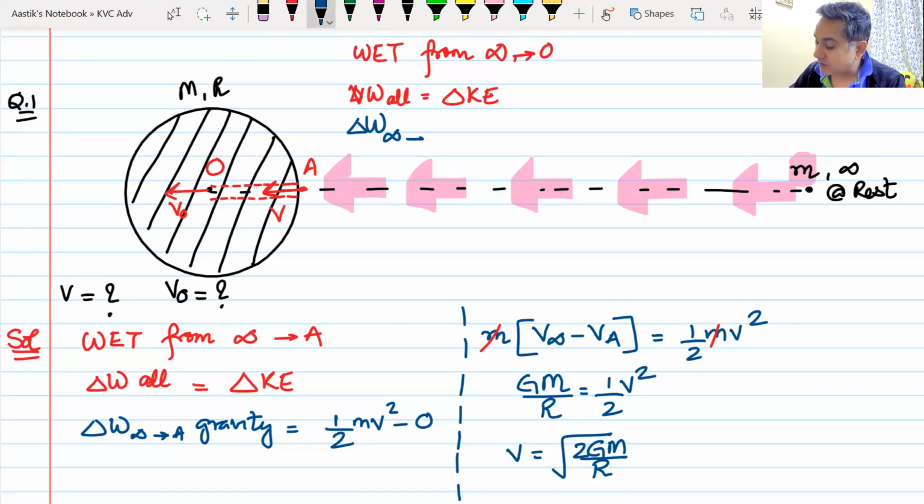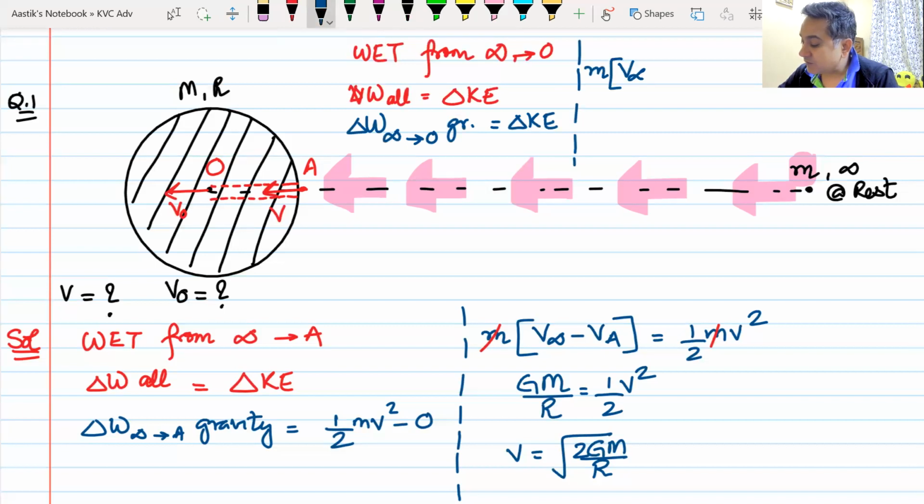From infinity to point O, the work done by gravity shall be equal to change in kinetic energy. What is the work done by gravity from infinity to O? We multiply mass m, potential at infinity minus potential at point O. That should be equal to half mv square. The m cancels, gone.